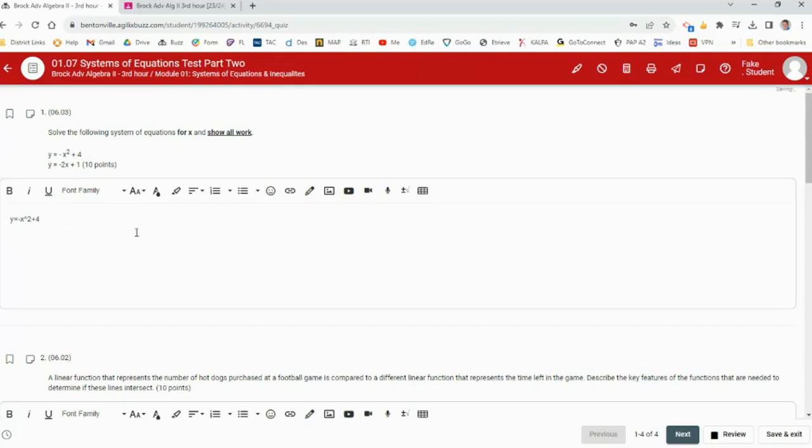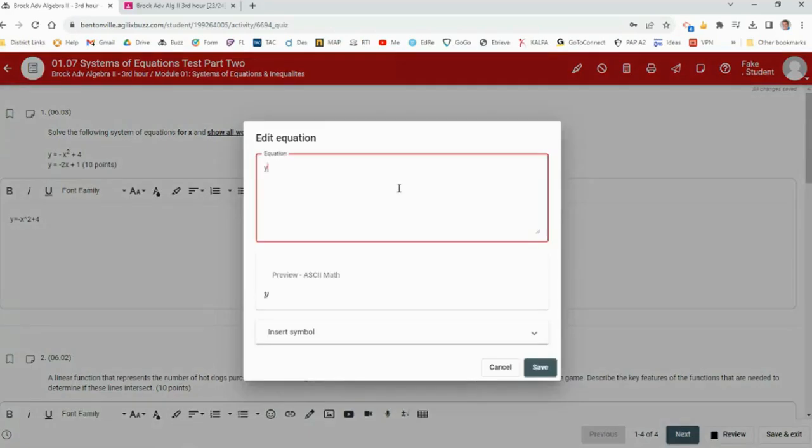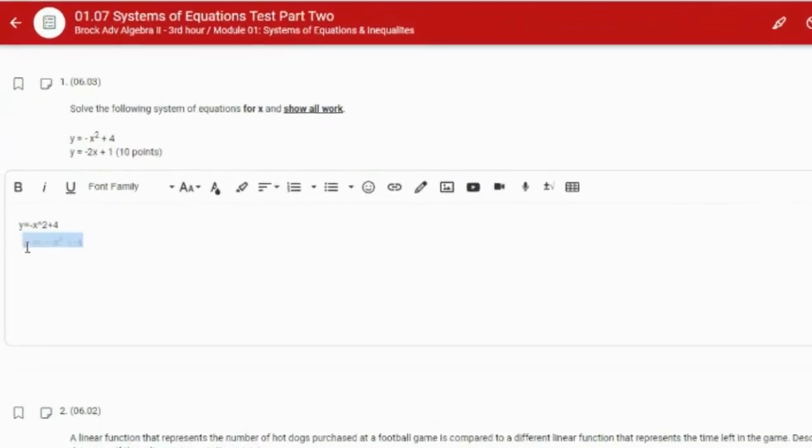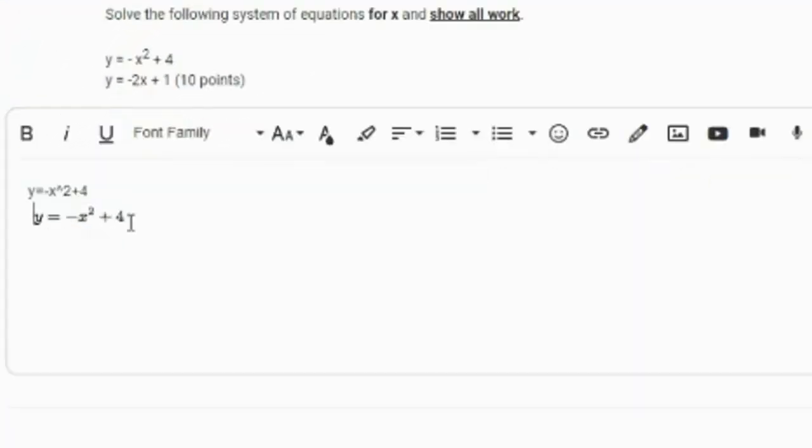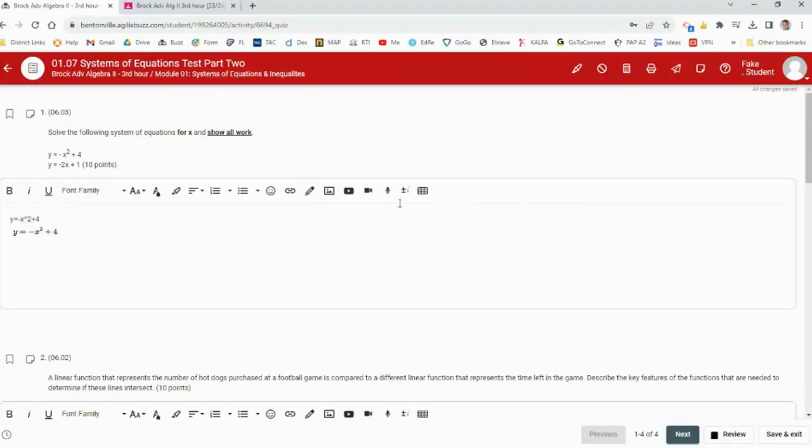But if I hit this plus minus button, and now I say y equals negative x squared plus 4, save. Now it prints it like that. That's a lot easier to read than that is. So when you're typing an equation in Buzz, use this insert equation button right there.